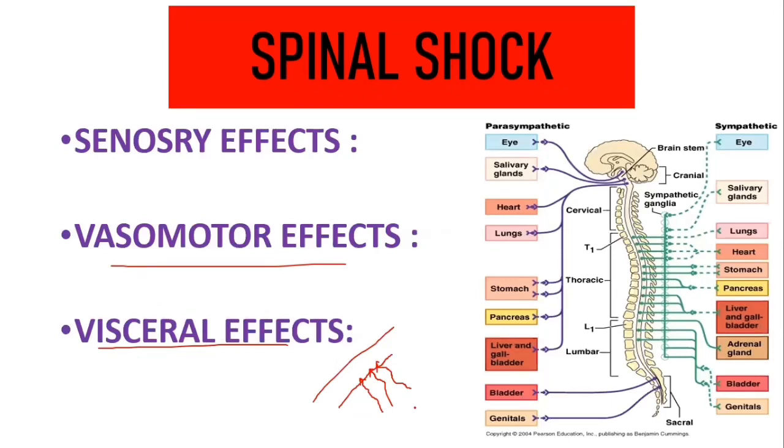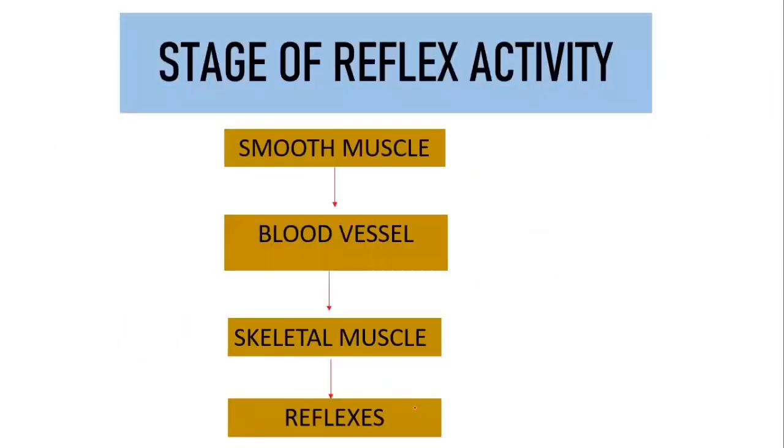Okay, from which we are going to recover if we are a healthy individual. That is called the stage of reflex activity, or the recovery phase. So this order you must remember, because this is what will differentiate a complete transection from an incomplete transection of the spinal cord. In the stage of reflex activity, the first thing involved is the gaining of tone of smooth muscle.